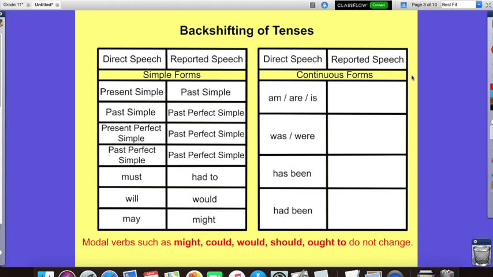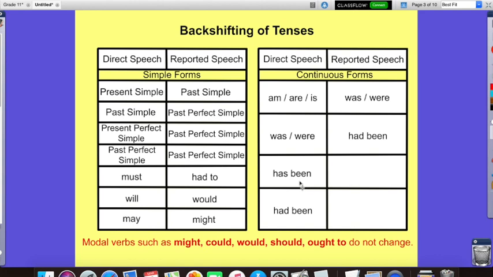Continuous verb tenses also change. For example, am, are, is writing changes to was, were writing. Was, were reading changes to had been reading.